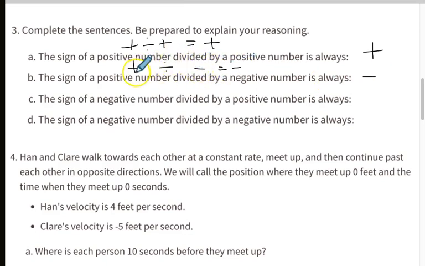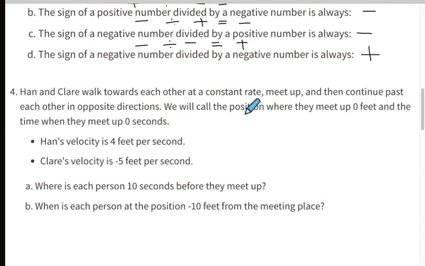You have positive divided by negative, you get a negative answer. A negative number divided by a positive number is always negative. Negative divided by positive is a negative. And negative divided by negative is always a positive. Two negatives make a positive.